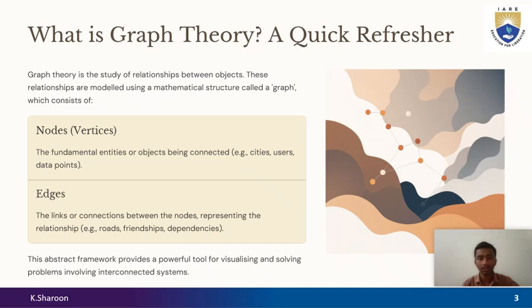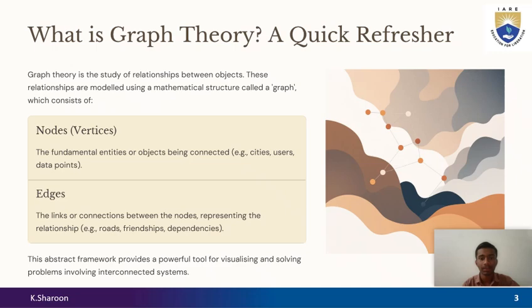So, what is graph theory? A quick refresher. Graph theory is the study of relationships between objects. These relationships are modeled using a mathematical structure called a graph, which consists of nodes. Nodes are vertices, the fundamental entities or objects being connected.